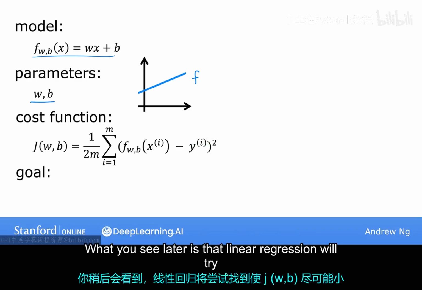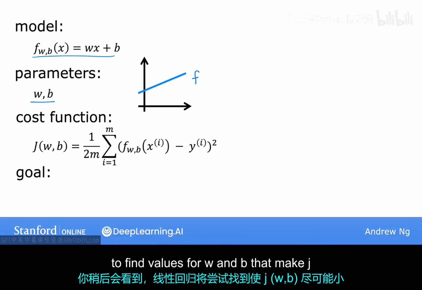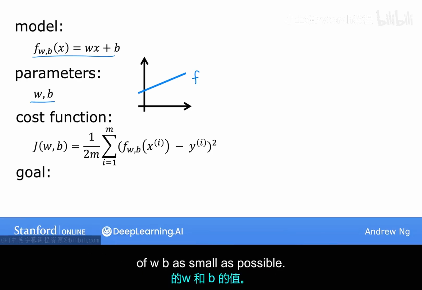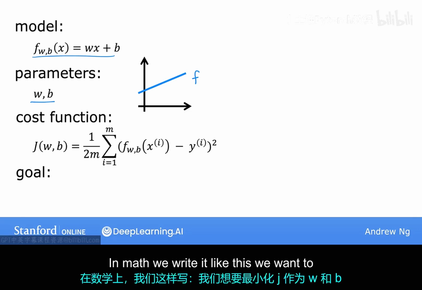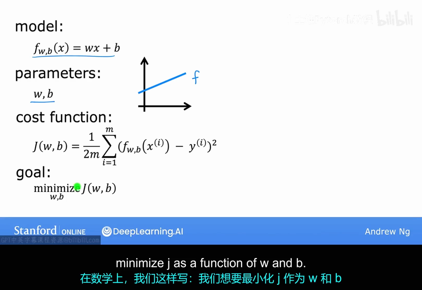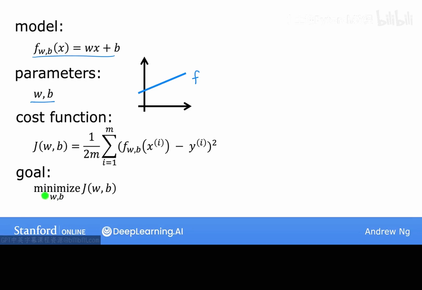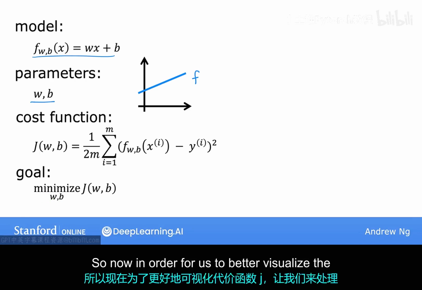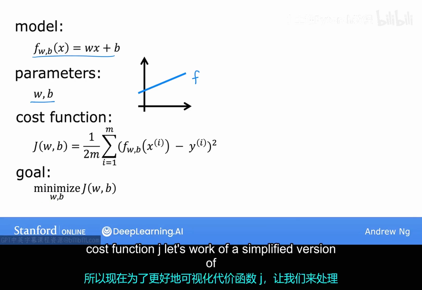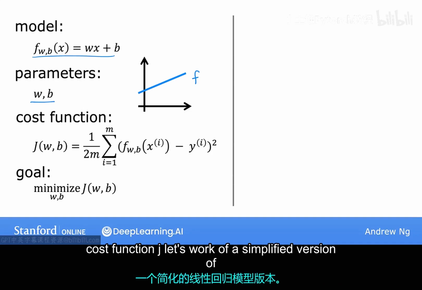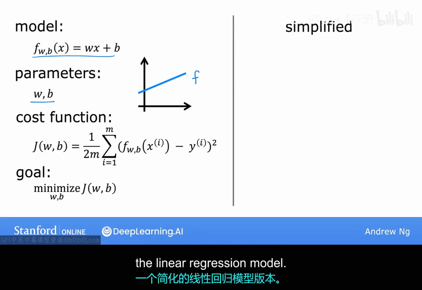What you'll see later is that linear regression will try to find values for w and b that make J of w, b as small as possible. In math, we write it like this. We want to minimize J as a function of w and b. So now, in order for us to better visualize the cost function J, let's work with a simplified version of the linear regression model.